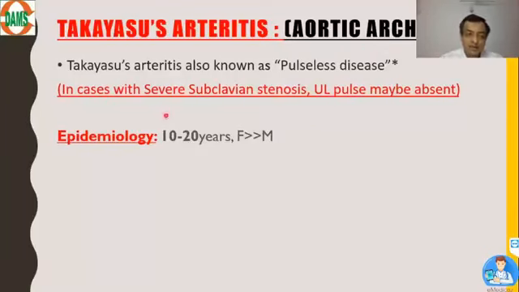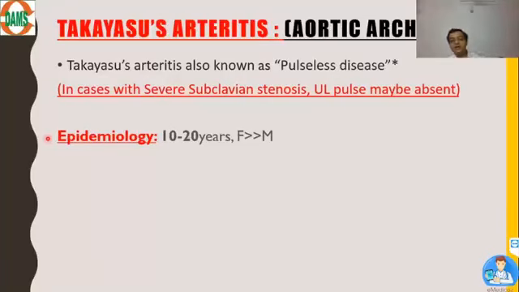What is the epidemiology? Takayasu's arteritis affects young females. In the bracket there is aortic arch syndrome. That's all.